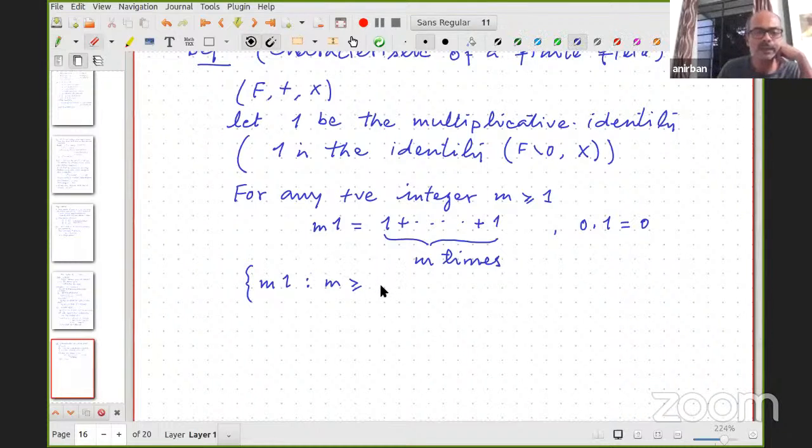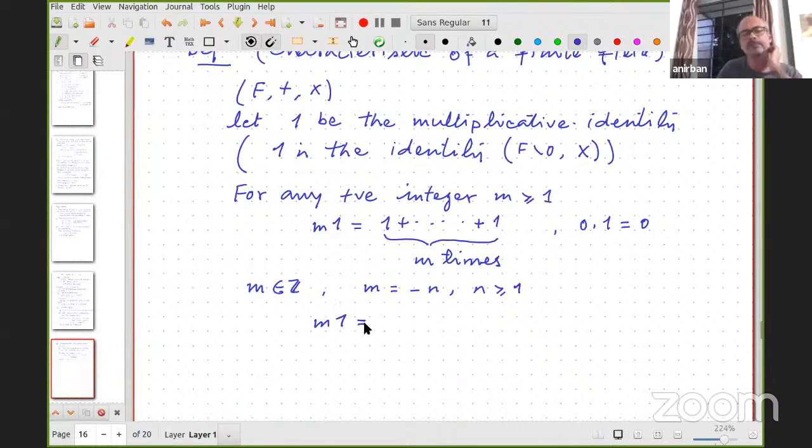Yeah, in fact more. So you can define for any z. If m is negative, so if m is minus n with n greater than or equal to 1, then m of 1 is minus of n of 1.